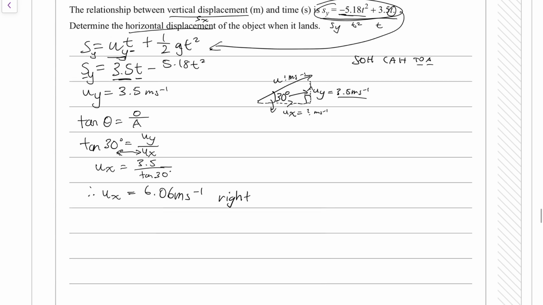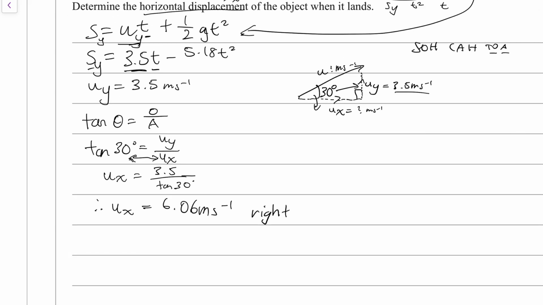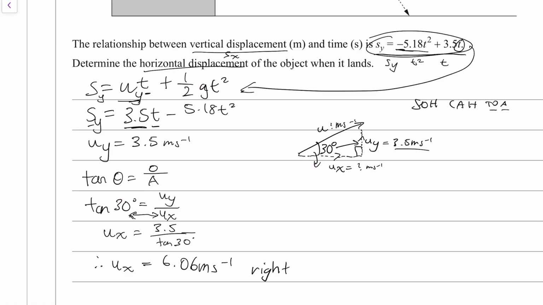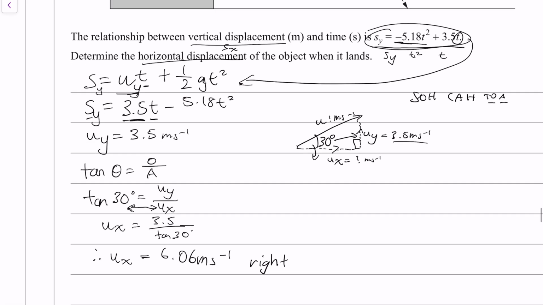Okay, so let's look at what marks we get. We get a mark for understanding that this involves trigonometry, this right here. Okay, so if you don't have that and you just go straight to the answer of what ux is, you don't show your trigonometry working out, you can lose a mark. And then you get a second mark for calculating that the horizontal component of the initial velocity is 6.06 meters per second to the right.